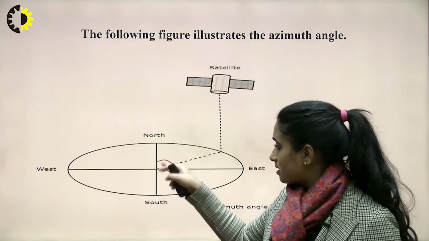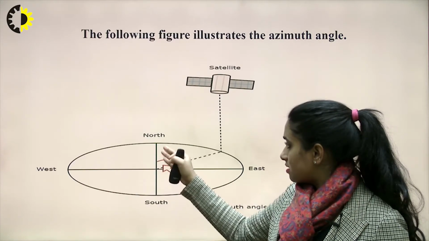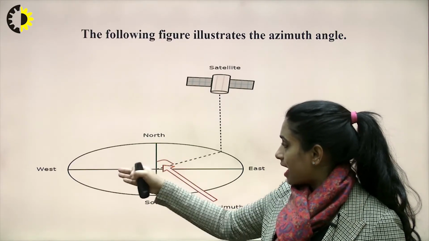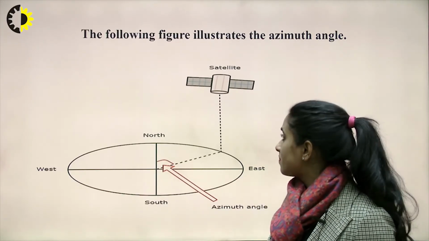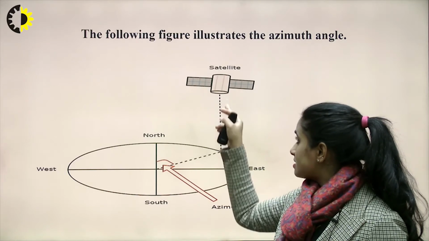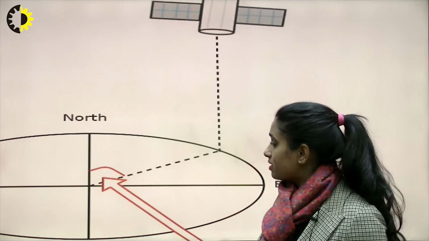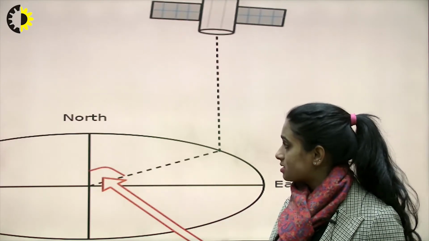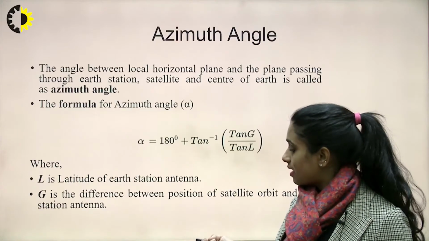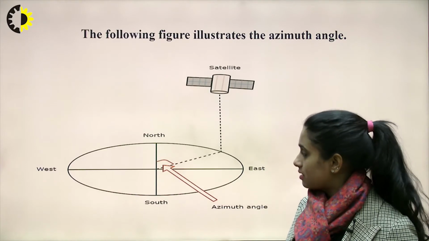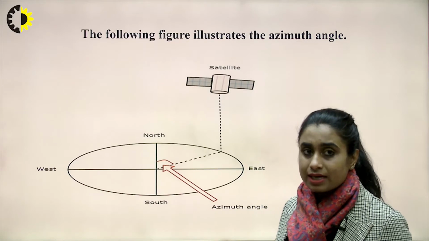If I divide my earth into two hemispheres with the help of these axes, one joining north and south and the other joining west and east, then when I see the projection of the satellite on the local horizontal plane and join it from the center, the angle it makes with the vertical line is my azimuthal angle. This angle is very important. Later on we will be using it for numericals as well.